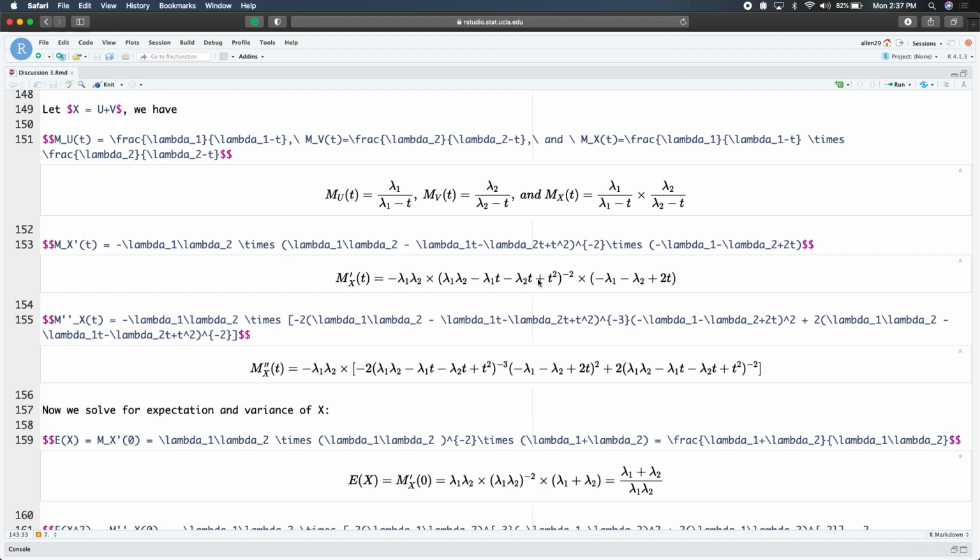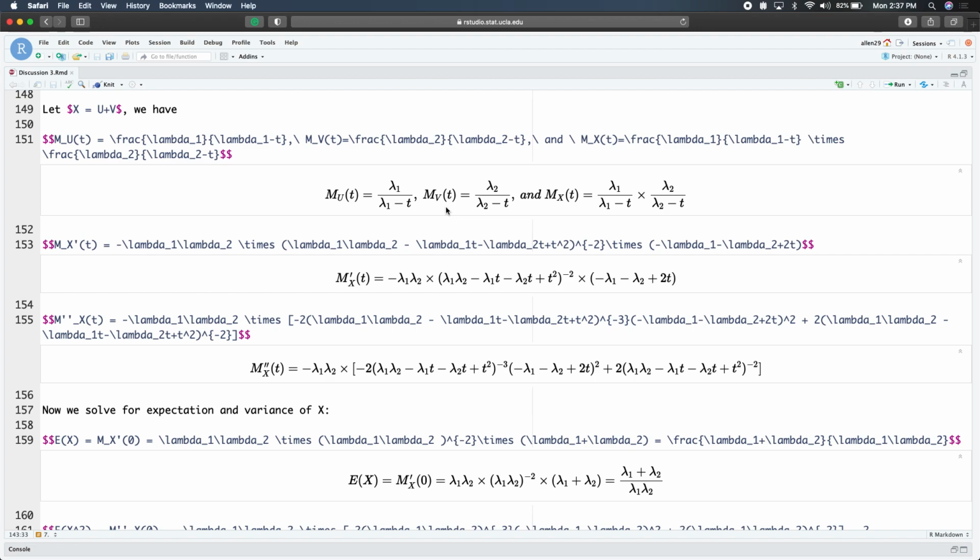The moment generating function for x is just the product of the two components, so we just multiply these two together. And this is the moment generating function for x, which is u plus v.